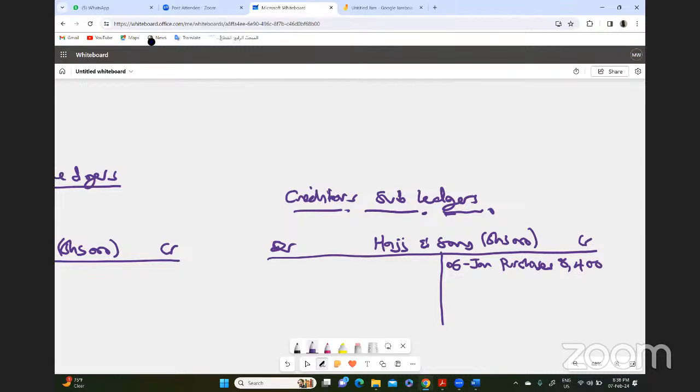One debit will be going to discount received of 336. And another one is going to bank of 8064. Yeah. I think that is it.